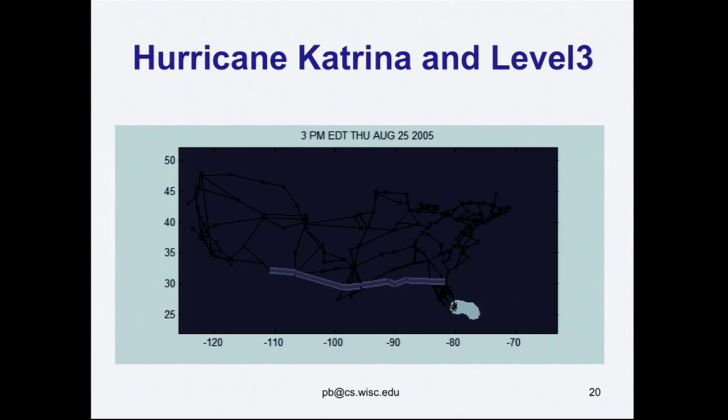Okay, so this is a little animation just for fun of Katrina and Level 3 and how Level 3 could have adjusted its routes based on the RiskRoute framework.